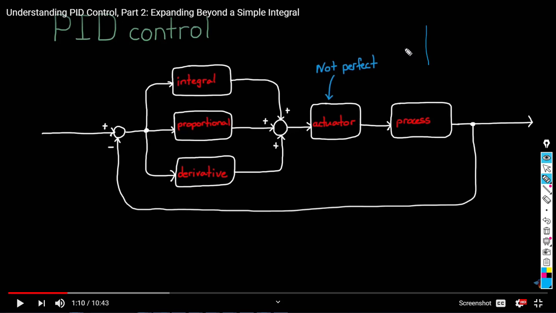Your actuator is not like this: for each input you apply, you get a proportional output, and if you keep increasing your input, you keep getting output. Like if I apply 10, maybe I get 50. If I apply 100, I get 500. If I apply 1000, maybe I get 5000.